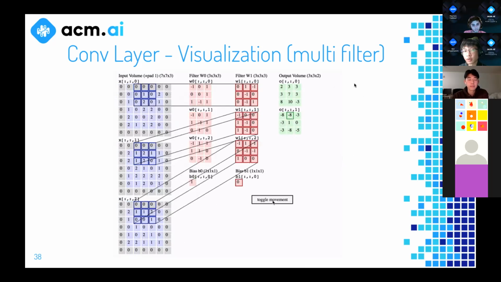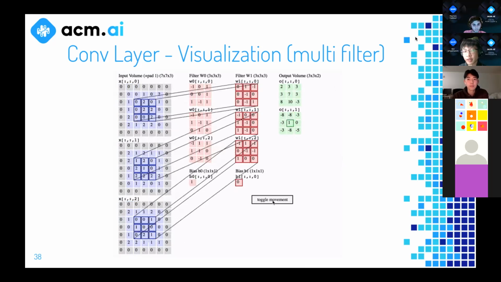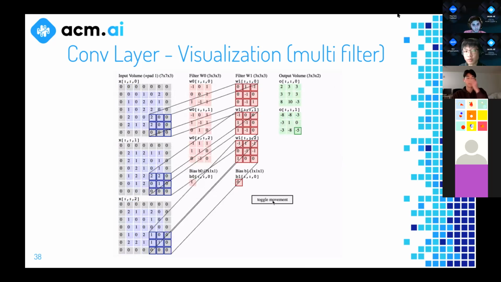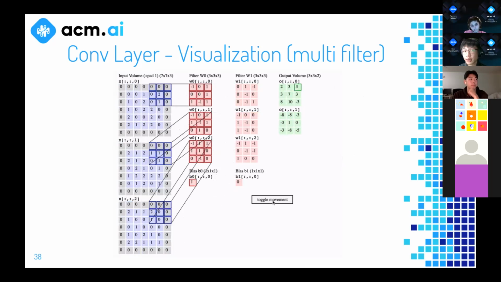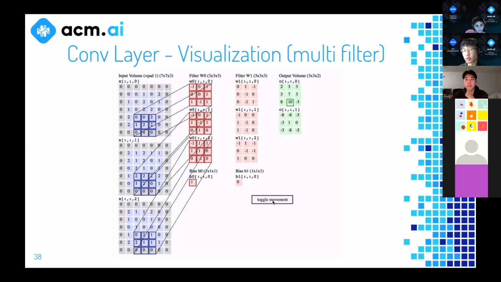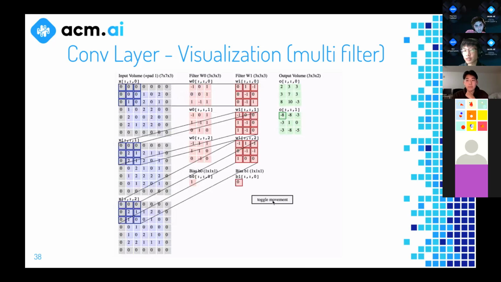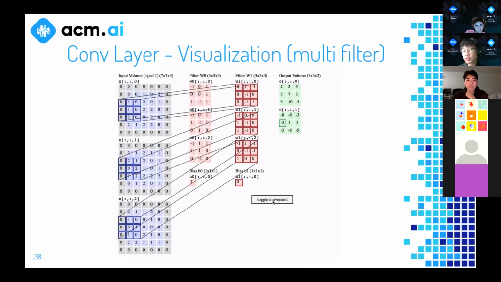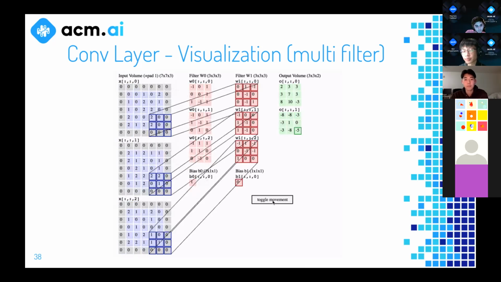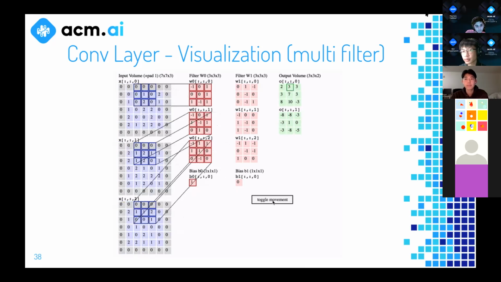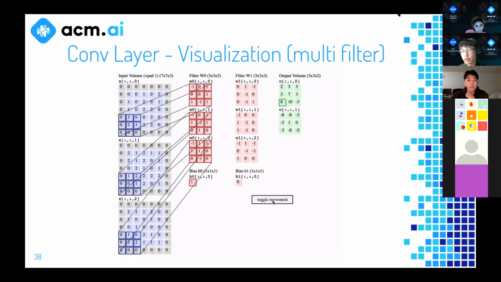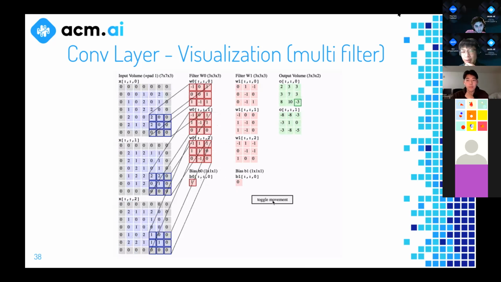If the input volume was RGB, where the first box was R, the second blue square was G, and the third was B, then we would have separate weights for all three of those layers for filter W0 and filter W1. Then when we stack the output of filter W0 with the output of filter W1, we get an output volume with a thickness of 2 layers. I hope that helps show how the dimensions work.